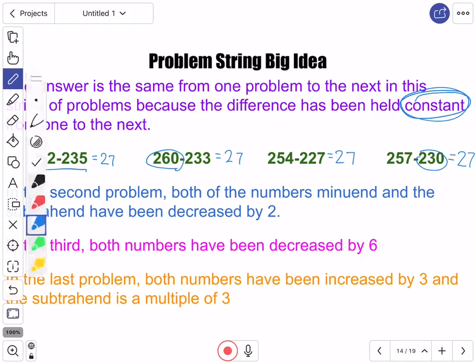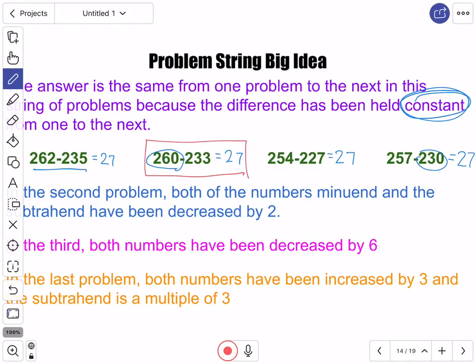So in the second problem that I want you to look at here, 260 minus 233, both of the numbers, minuend and subtrahend, have been decreased by 2 from the first problem. Do you see that? They have been decreased by 2. Interesting. So if I decrease both by the same number, I'm going to end up with that same answer.